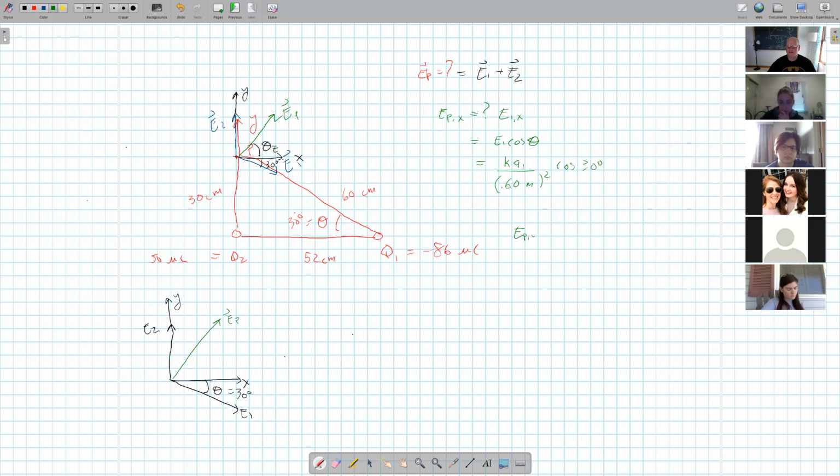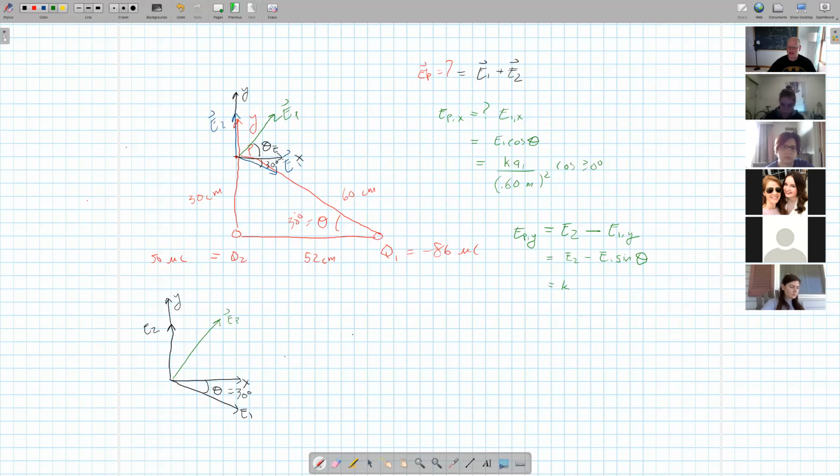Now the y component is going to be a little more complicated. Now we have all of E2 pointing in the y direction. So it's going to be E2 minus, because it points in the negative y direction, E1 times the y portion, which is E2 minus E1 times sine of the angle, since the other one was cosine, so this one has to be sine.